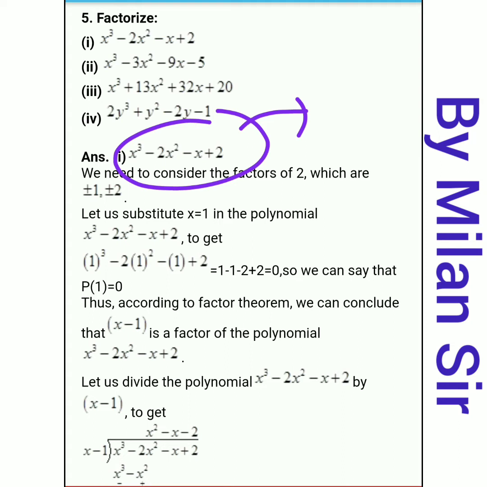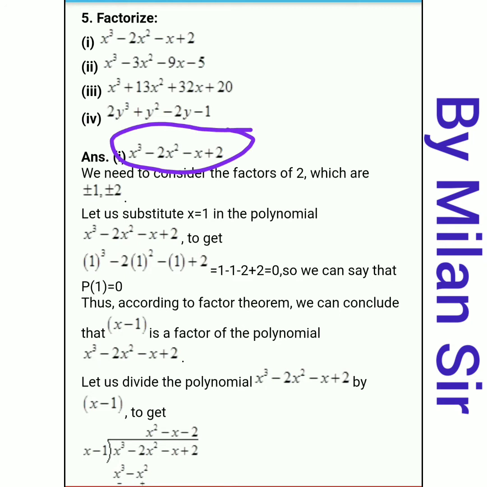So right now we can use the remainder theorem. That means just put the value of x and find such a value of x that we get p of x equal to 0. That means if we put the value of x, then our polynomial needs to become 0.